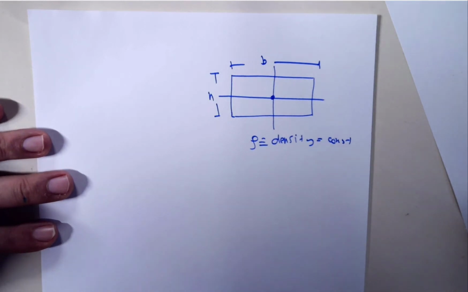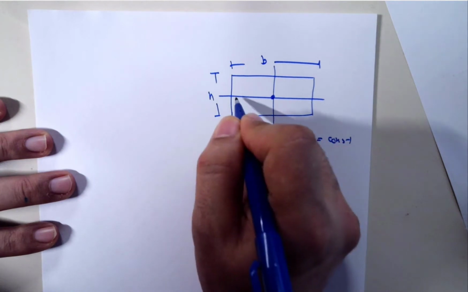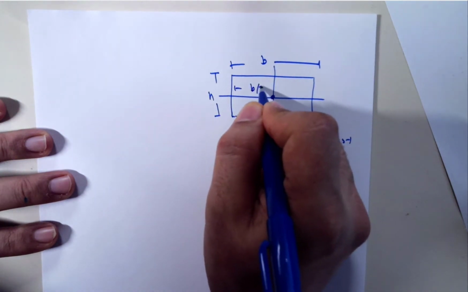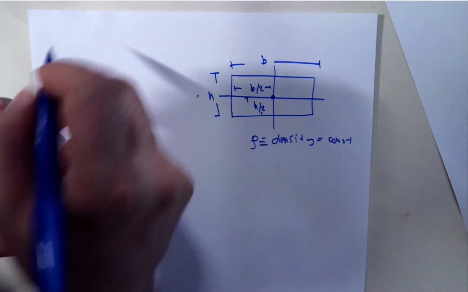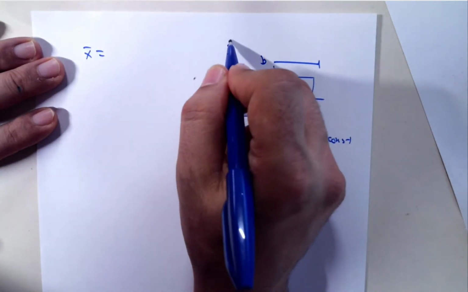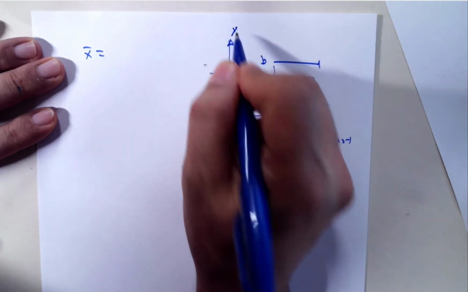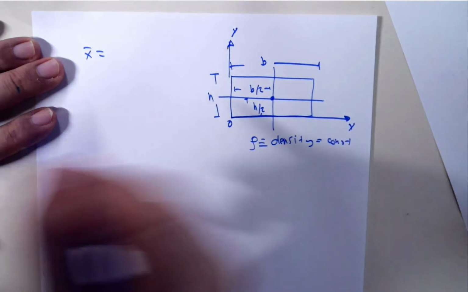We can prove that. And middle means it's located at B over 2, and the height is H over 2. So in this case, x bar equal to, if we assume this is my y and this is my x, and I'm located here, right?